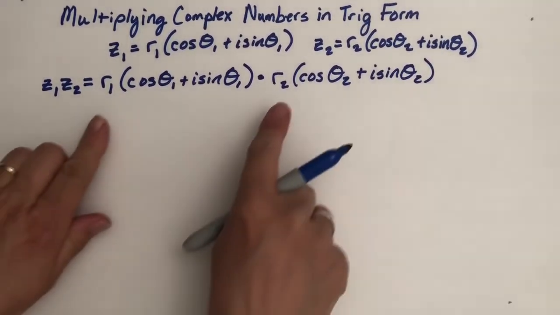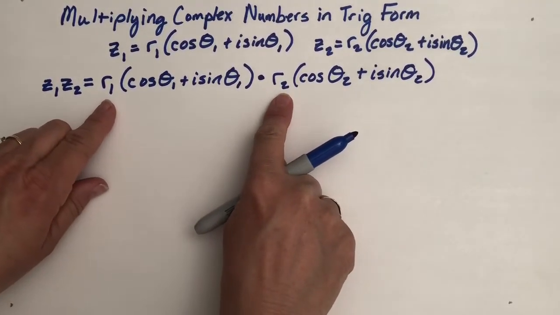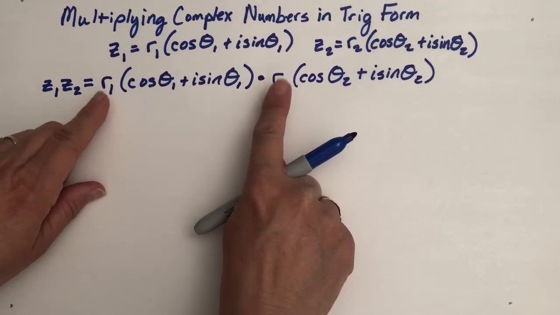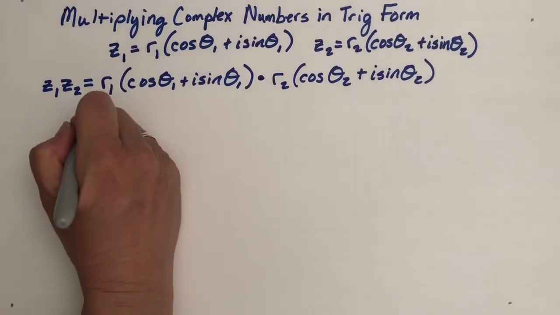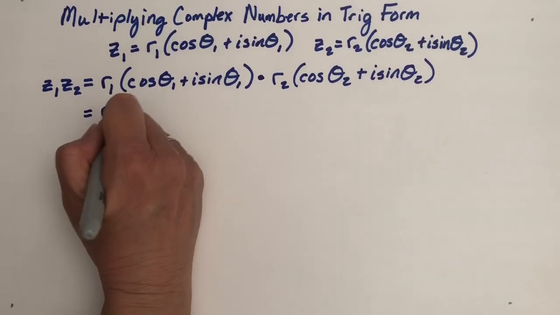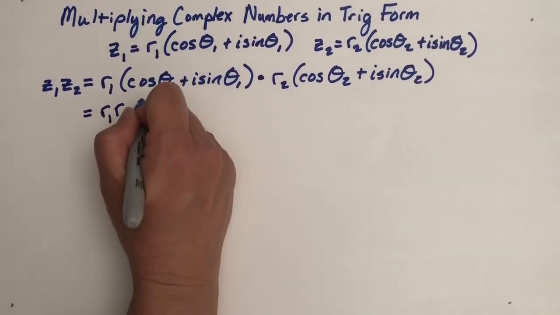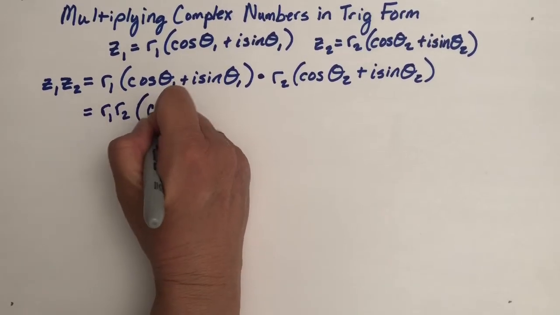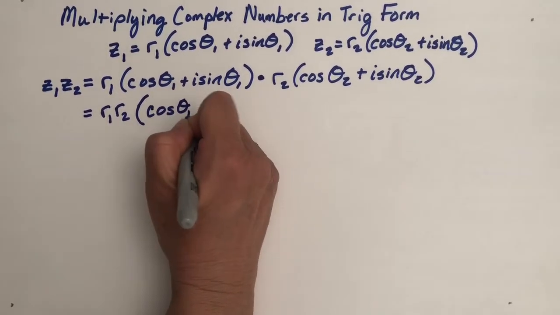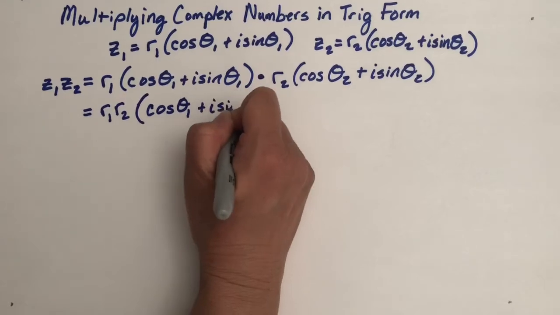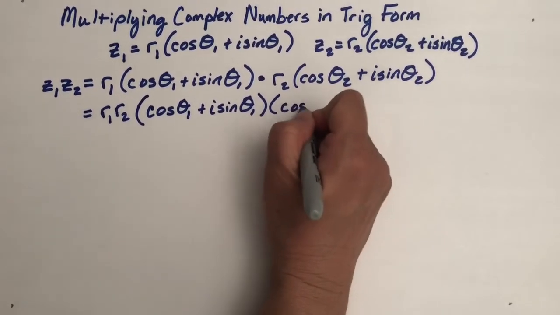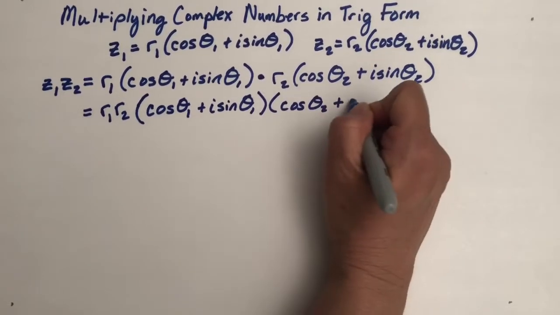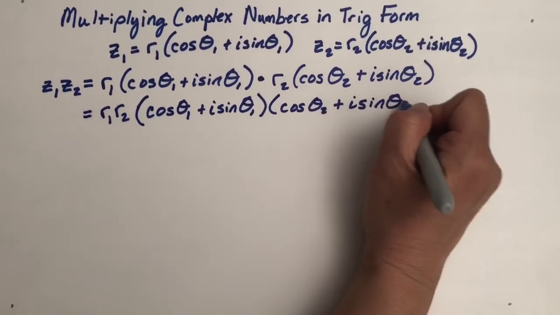Now let's rearrange a little bit. We're going to put the magnitudes of these numbers first. Those are the r values. So we have r1 times r2, and then we'll multiply cosine theta 1 plus i sine theta 1 by cosine theta 2 plus i sine theta 2.